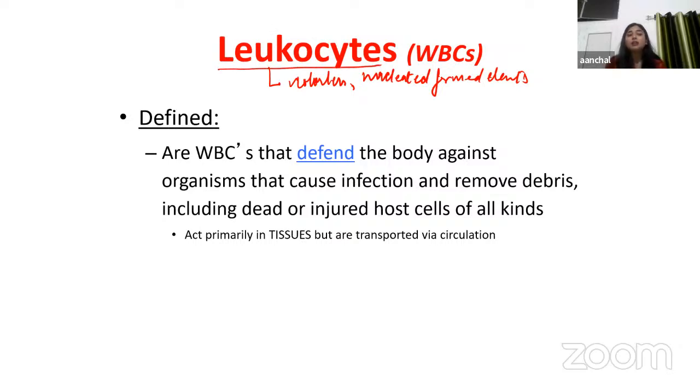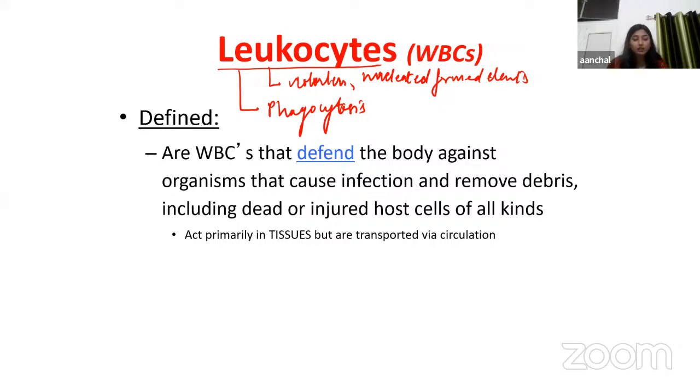Whenever any foreign particle or any illegal body enters the body, the leukocytes provide defense against those illegal particles, right? And they perform a very important function known as phagocytosis. Through phagocytosis, these WBC help in eliminating those foreign particles.